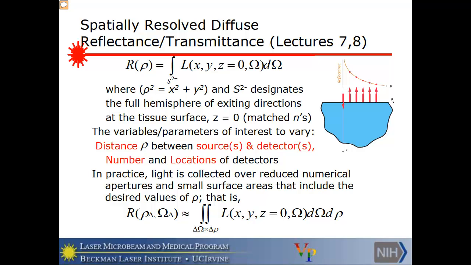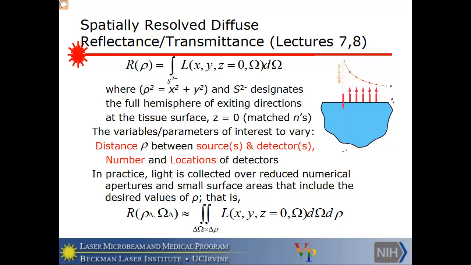So that then the reflectance would indicate that you want to extract the light field at z equals 0. This is the z equals 0 line going in the outward direction, and you integrate over all directions omega and all source detector separations in this little patch of angles delta omega and delta rho of source detector separations.